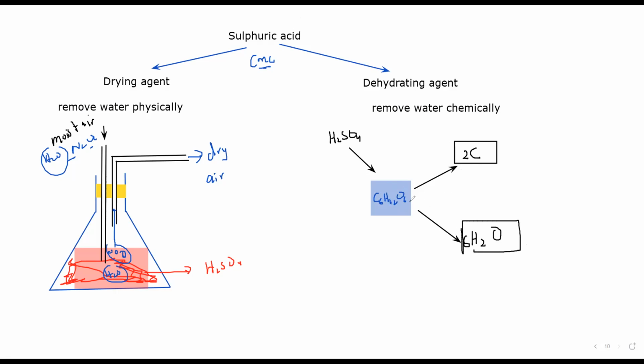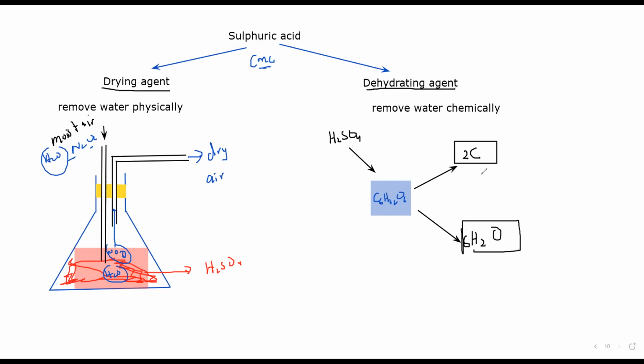So you can see a chemical reaction occur, that the glucose molecule chemically decomposes and gives carbon and water vapors or water. So when water is removed from the substance by a chemical reaction, we call that a dehydrating agent. But when water is removed physically, there is no chemical reaction, we call that a drying agent.